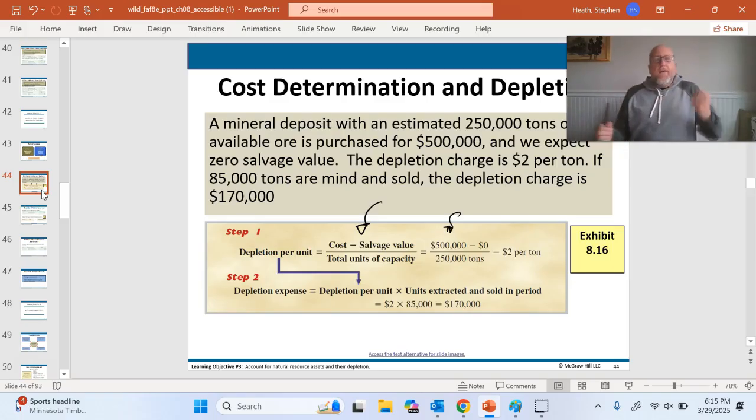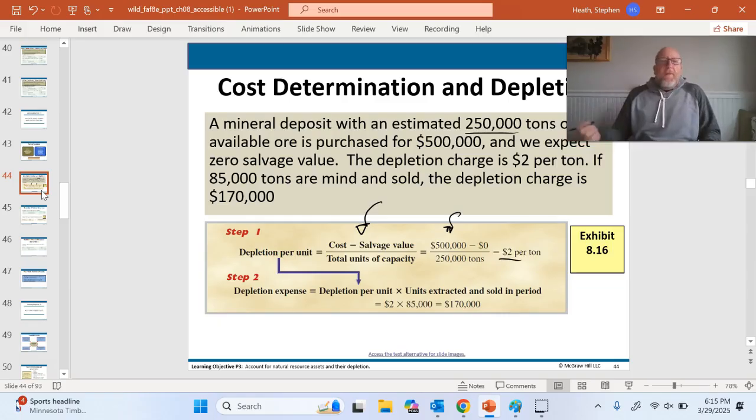As soon as we pull the last ton of ore out of the ground, this thing is not going to be worth a penny. And then we're anticipating pulling out 250,000 tons. So 500,000 divided by 250,000 tons is $2 per ton.